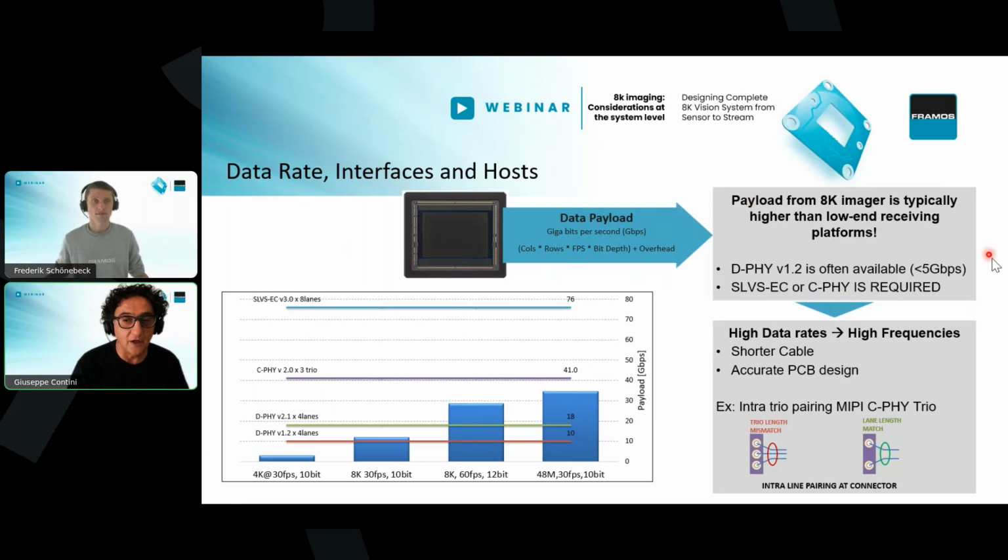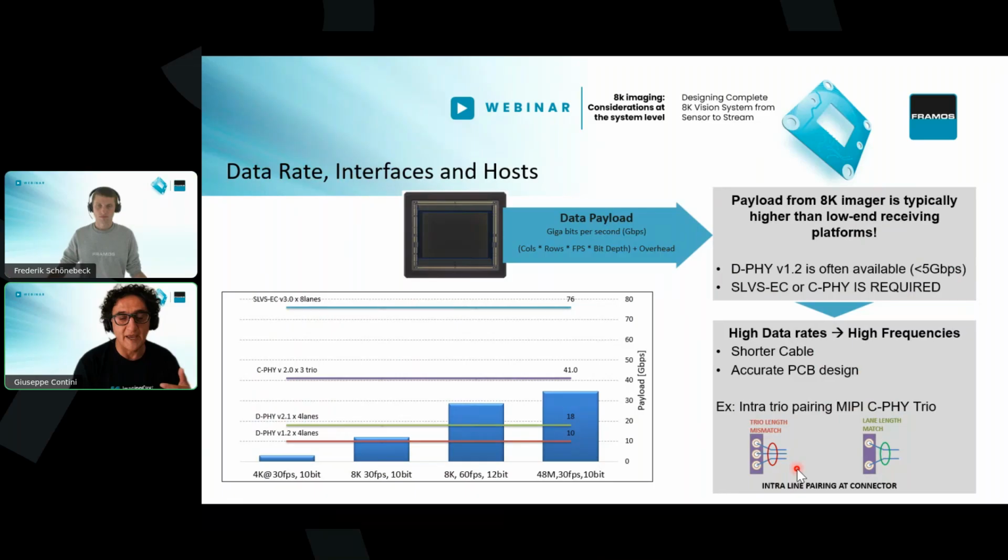The payload is high, which means you need a powerful receiver that is capable and has the right interface. Not only, for example, just selecting C5, which is faster than D5, because this is a trio, so it's not a pair of wires, but it's 3 wires. And here is an example.